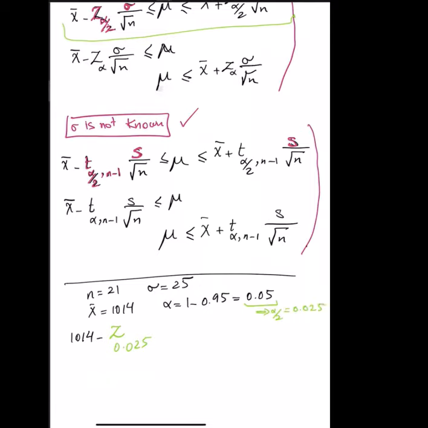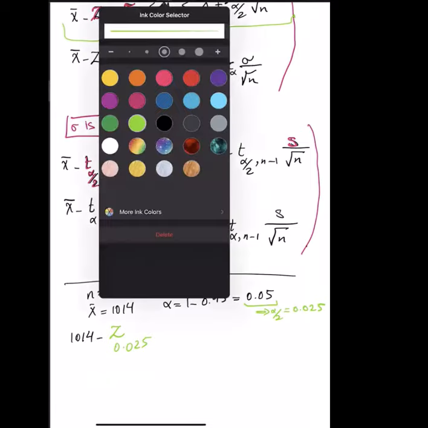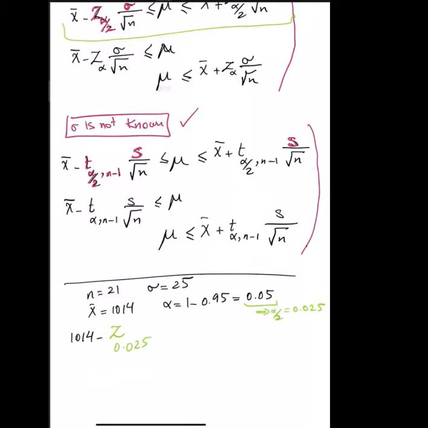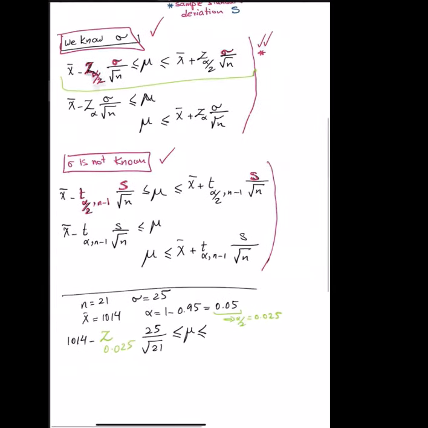So I need to find this value, and the rest is sigma 25 over square root of N, 21, and mu is 1014 plus z, 25 over square root of 21.